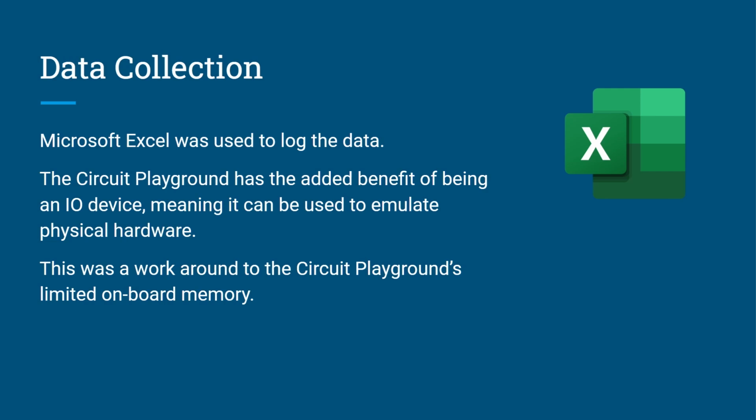The Circuit Playground has the benefit of being an I/O device, meaning it can be used to emulate physical hardware, so it emulates itself as a keyboard and mouse and logs the data into the Excel sheet as if I'm typing it myself. This was a workaround for the Circuit Playground's limited onboard memory, because writing and creating a file was found to be kind of difficult and hard to work around.